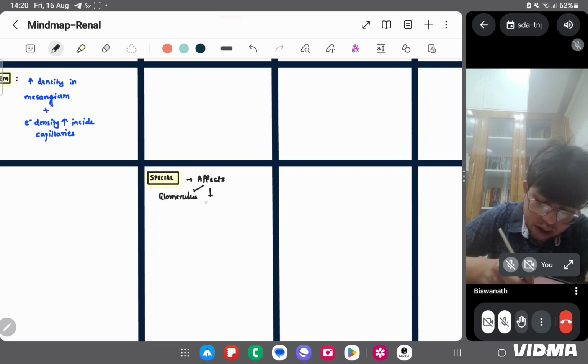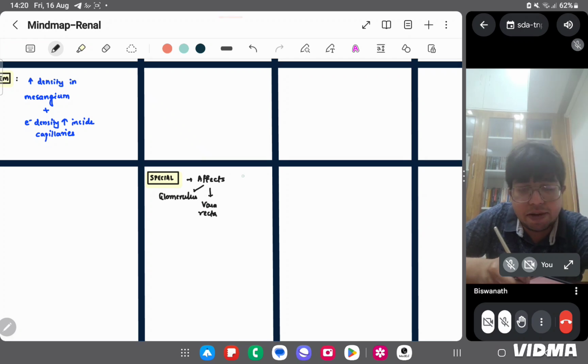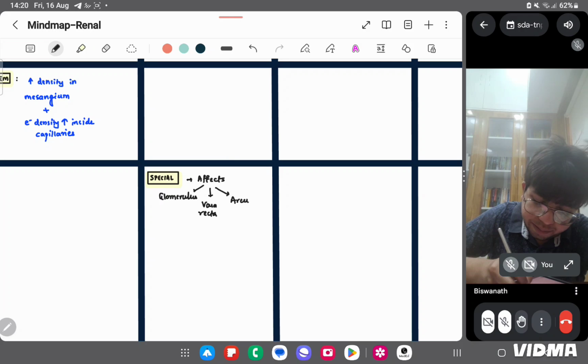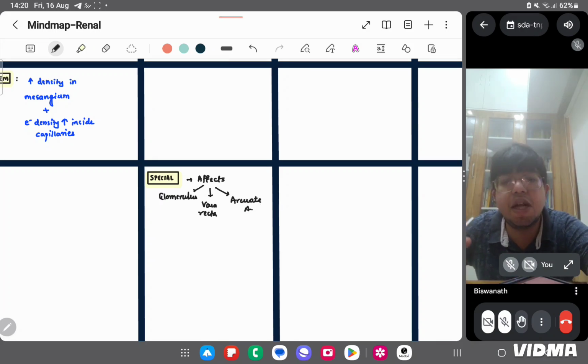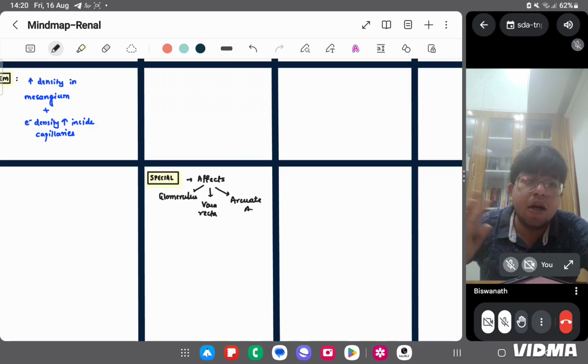It can affect your vasa recta, which is a hairpin shaped vessel, right? And your arcuate arteries, which are the interstitial arteries present at that part.